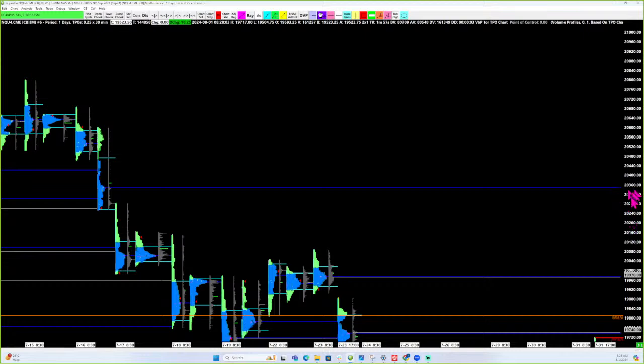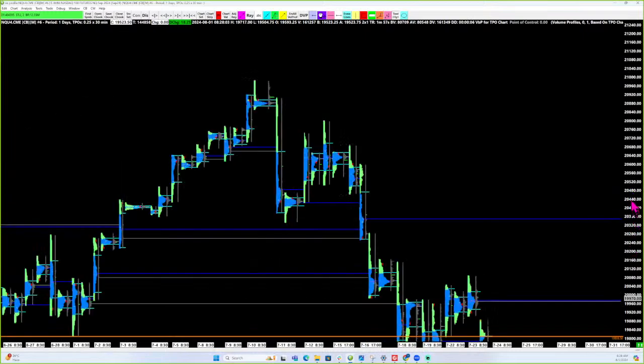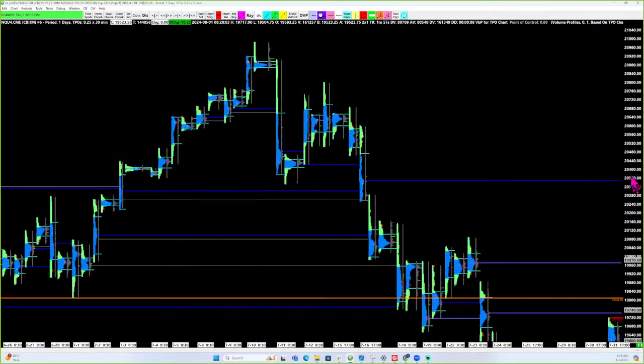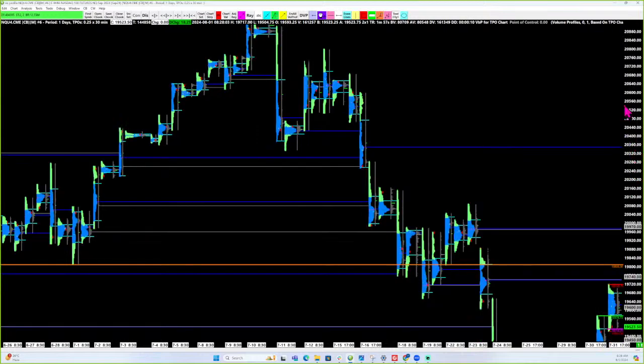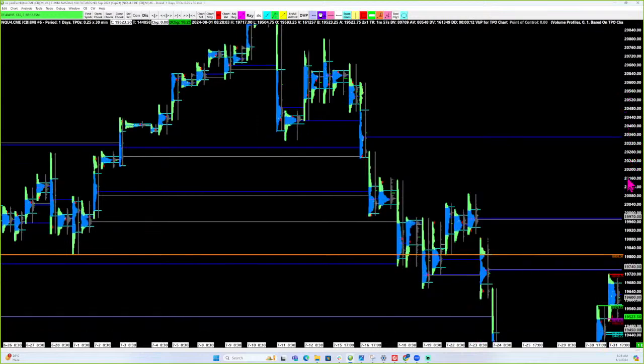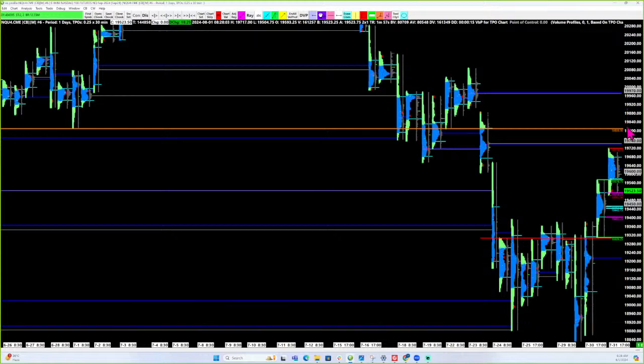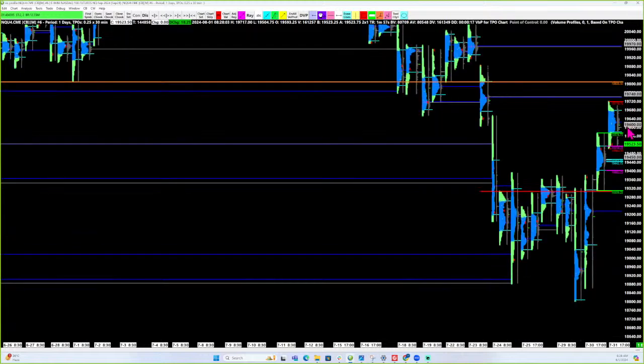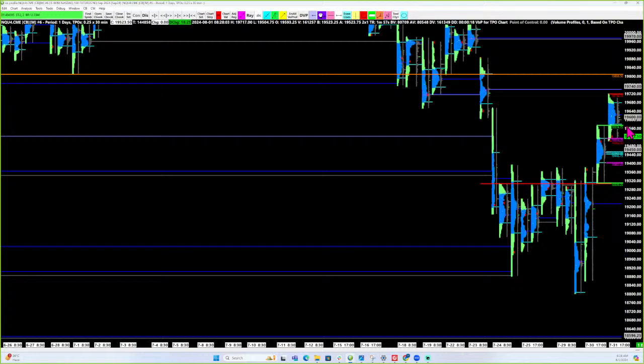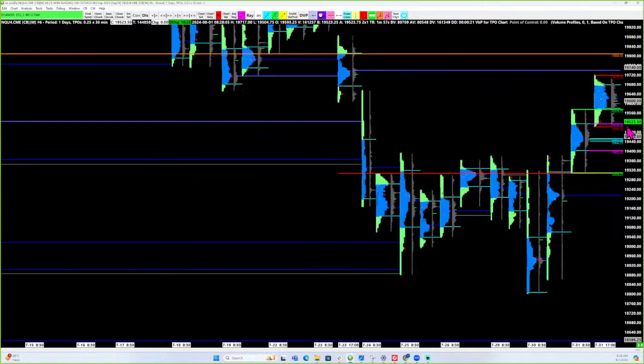Okay, so this was the overnight gap down area where we trended down through it.